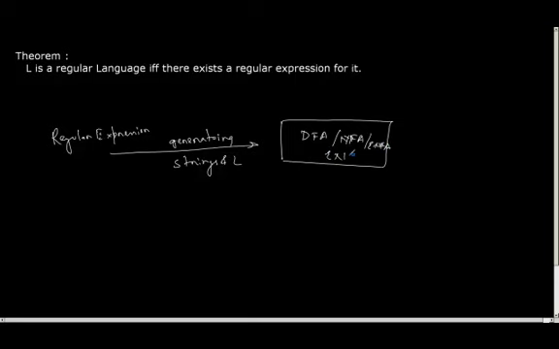Understood? Because given an NFA, I can always create a DFA, and given an epsilon NFA, I can create an NFA. So this is two-way.